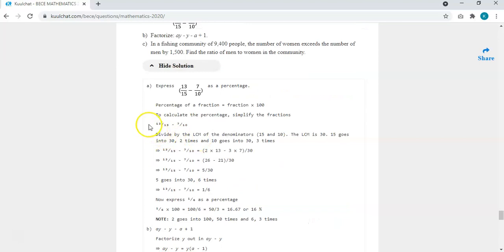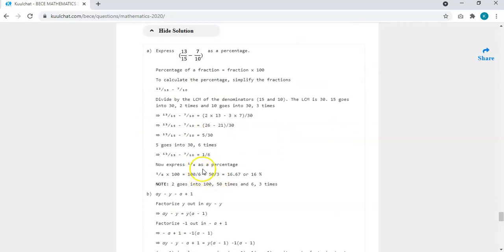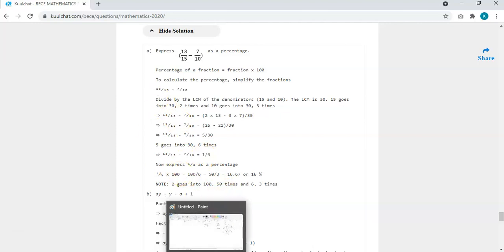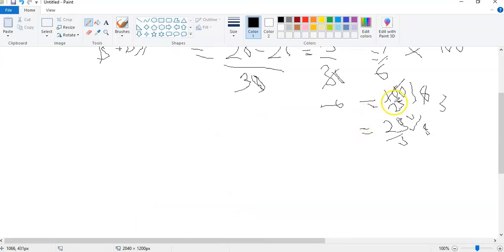So we've gone through all this. Okay, did I say 2 goes... what was I doing? 2 goes here 50, sorry.